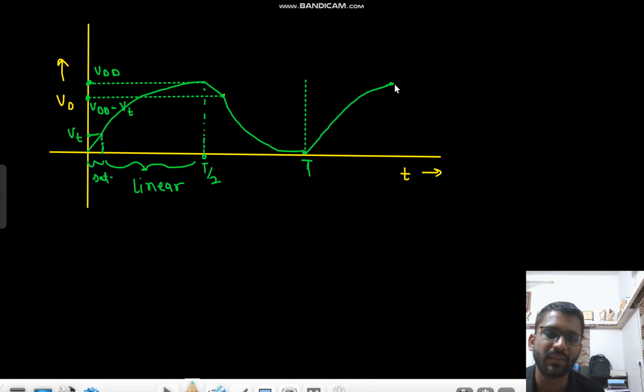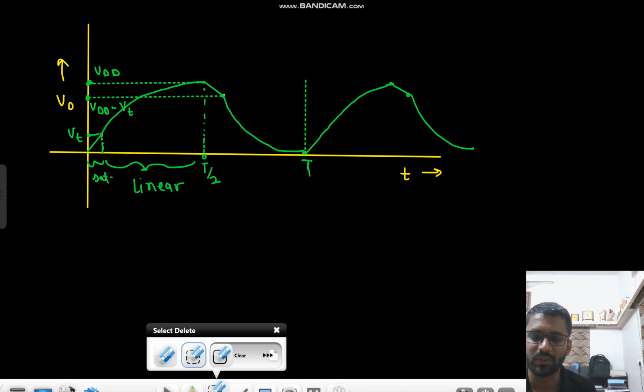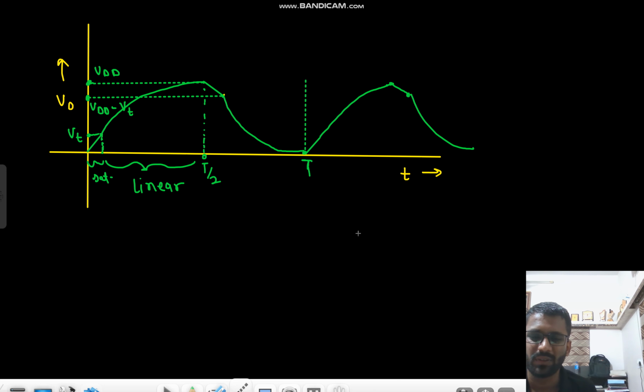Again it charges, then it is in the saturation, and then it comes to the linear region. So this same cycle goes on.